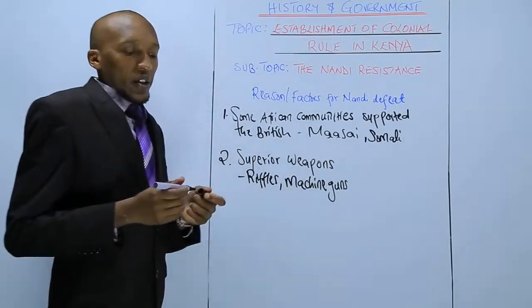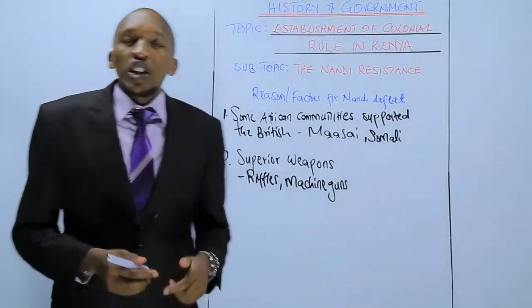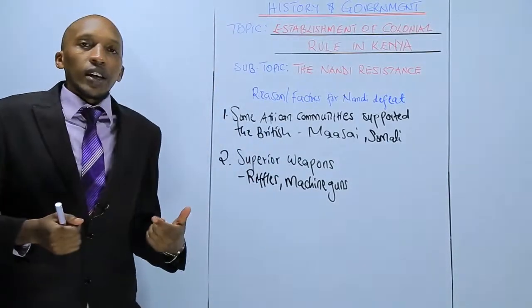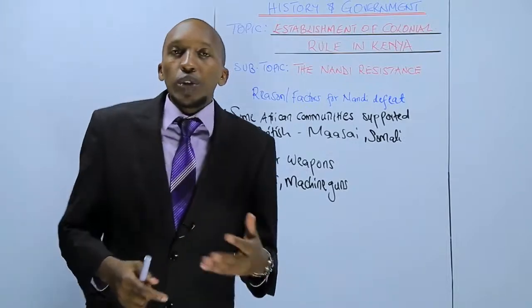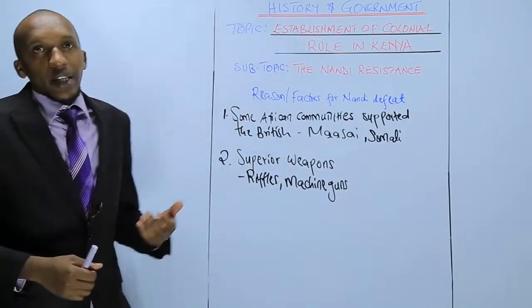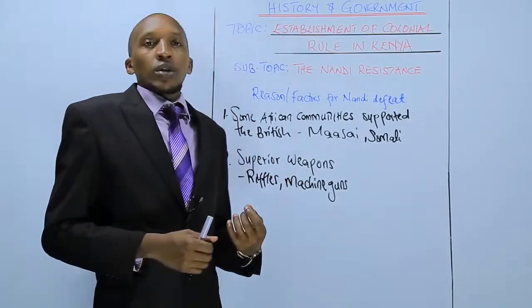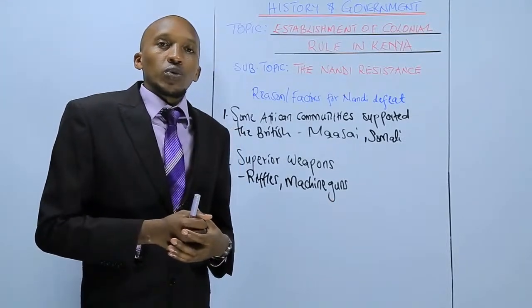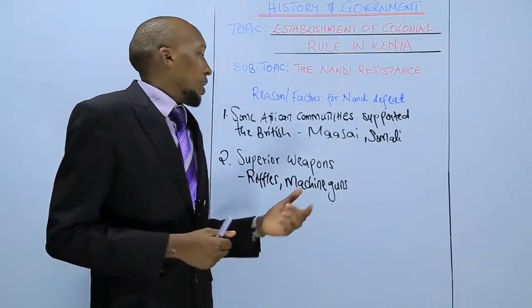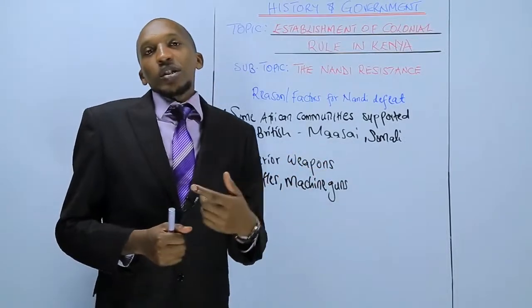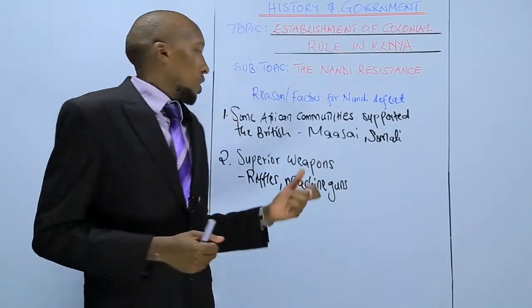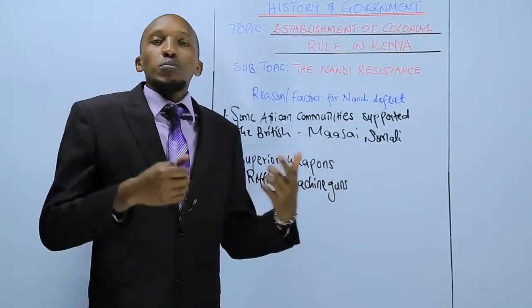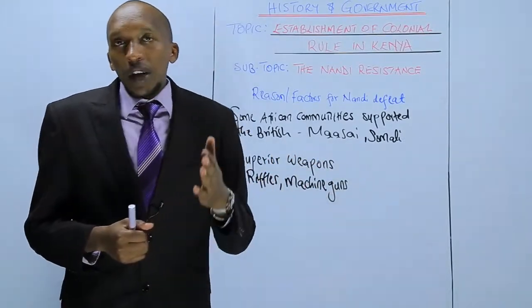The Nandi were using spears. They were using arrows. So they are comparing between a spear and a gun or a machine gun. Which one is likely to outdo the other? That is why the Nandi ultimately were defeated, because the British army had superior weapons compared to those of the Africans.